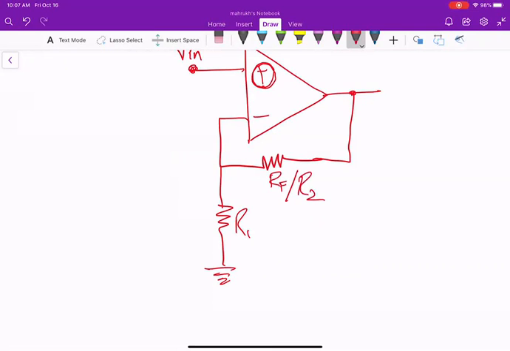So this is RF, the feedback resistance, or R2. And this is our V naught.